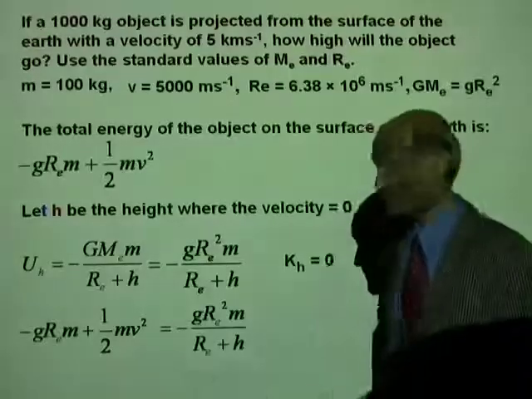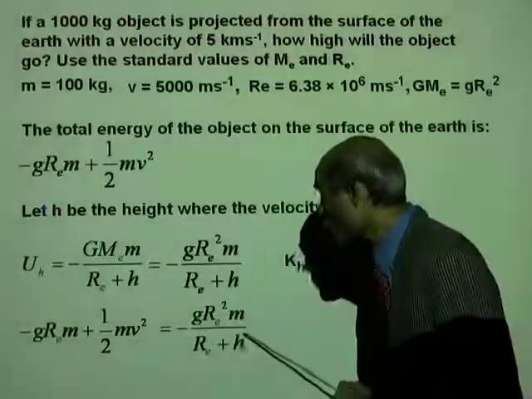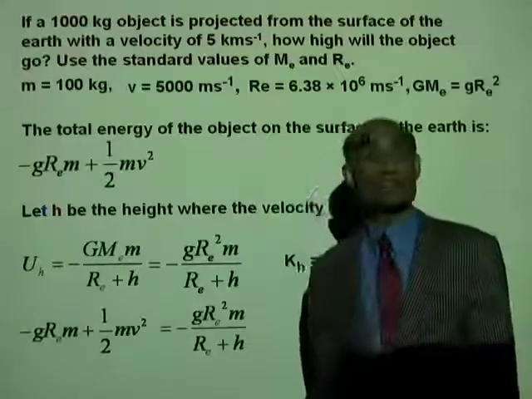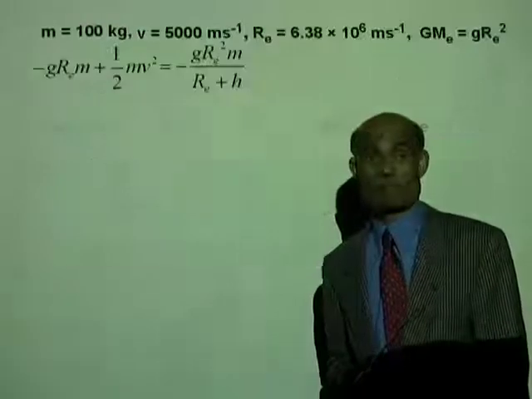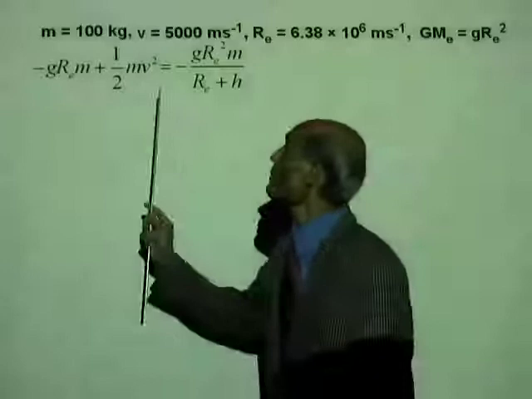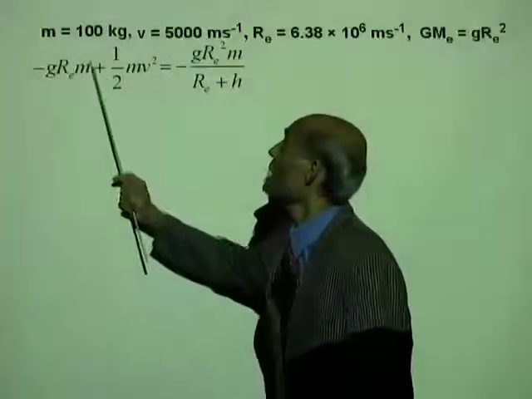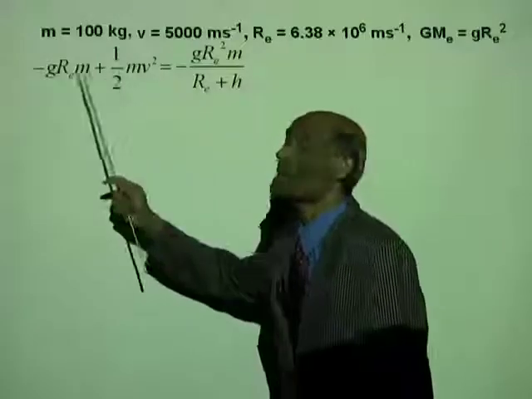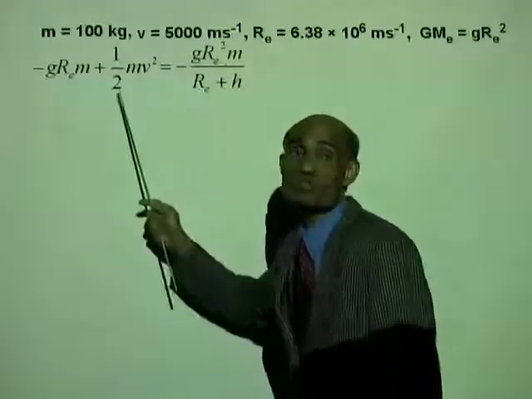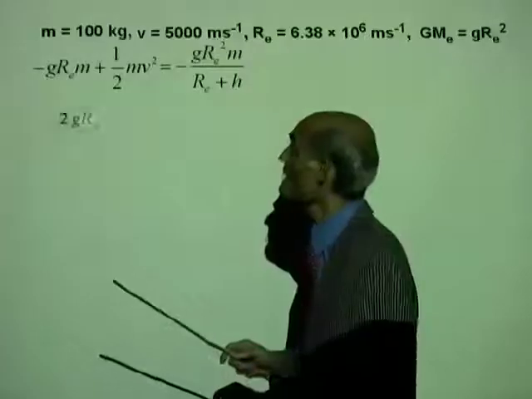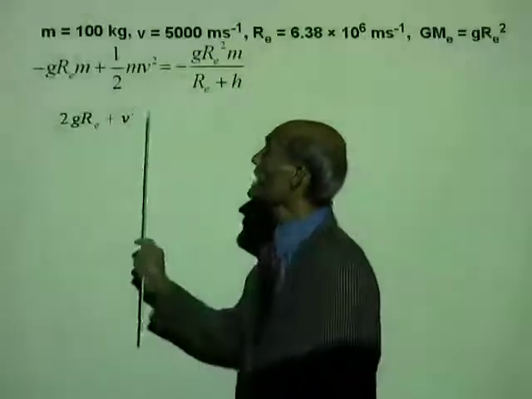Now, you need to solve for h from there, and how will you do that? Well, what I will do probably is divide each term by m and maybe multiply each term by 2 so that the 2 from there will go. So that's what I've done.